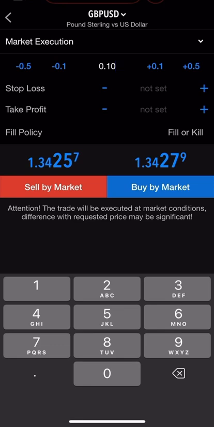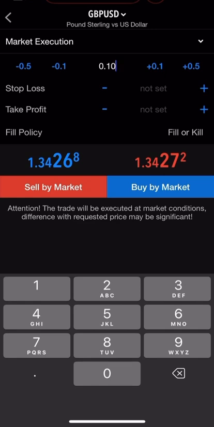The broker will close your trade for you automatically if you set your take profit, same thing as stop loss. If you're taking a loss, the broker will stop your trade for you automatically with the loss you have taken, instead of it just running ahead. And if you look at the left, you can sell by market. If you look at the right, buy by market.